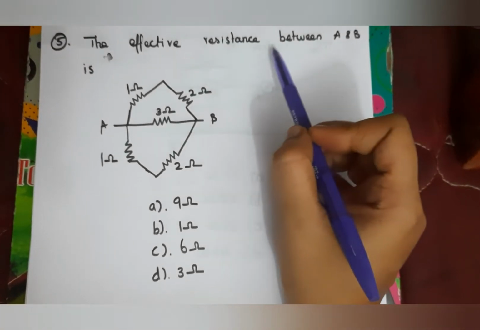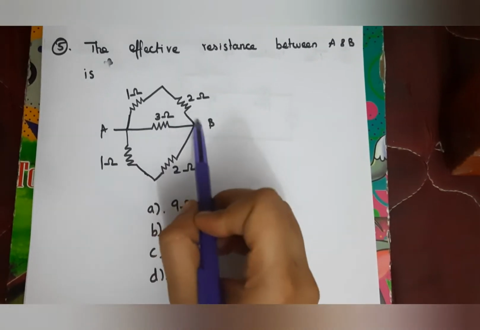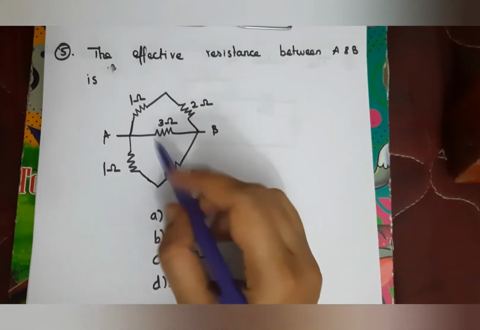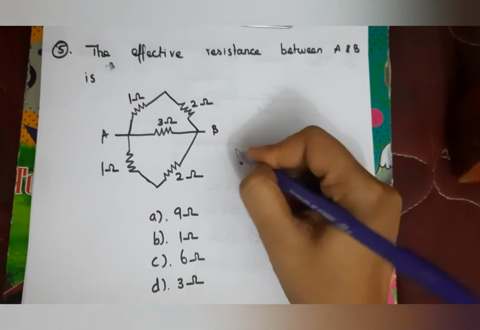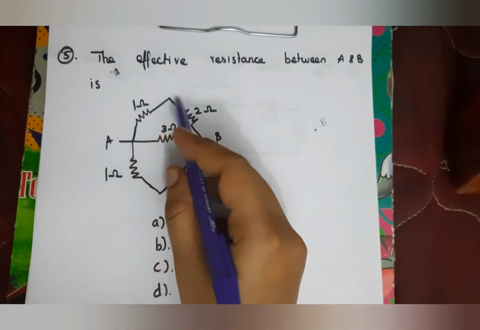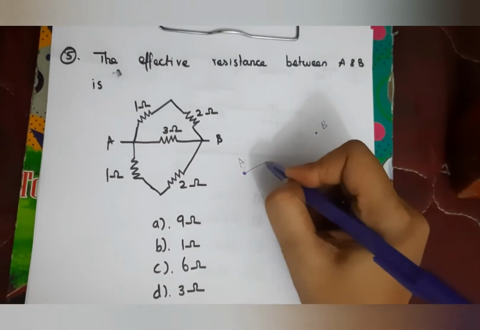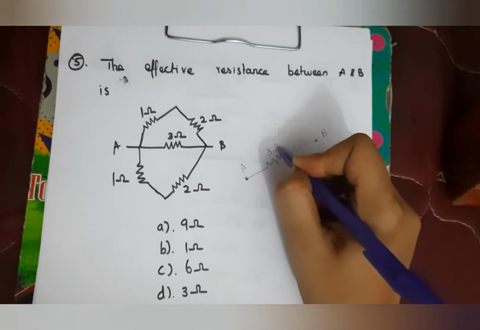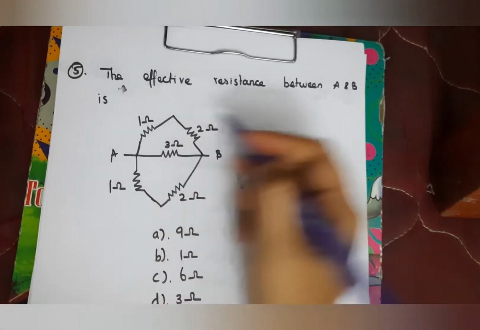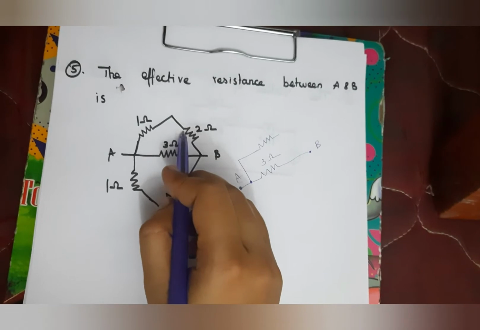Next question, the effective resistance between A and B. So now this looks very complex but it is a very simple question. So we take this point A and point B, and see how these resistors are connected based on those points. First, A and B are connected with this 3 ohm resistor. Again taking this point, we have this 1 ohm, and there is no branch, so directly comes this 2 ohm.